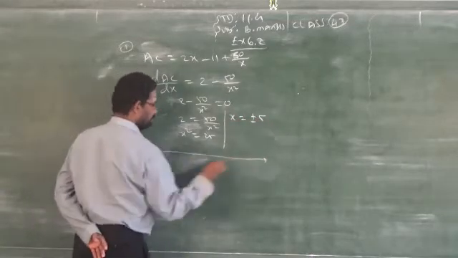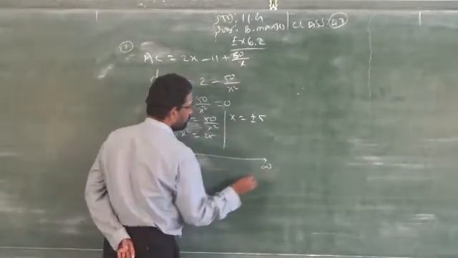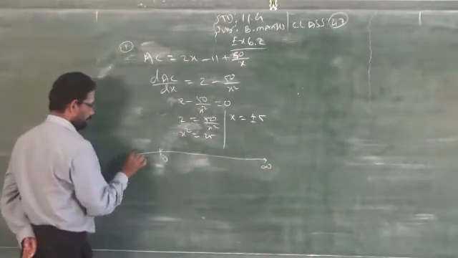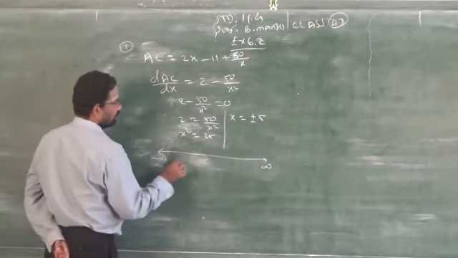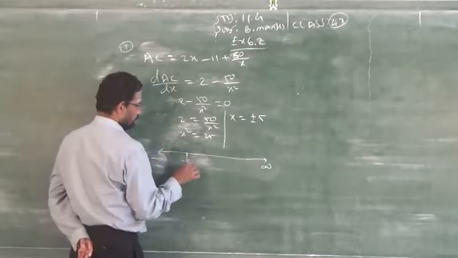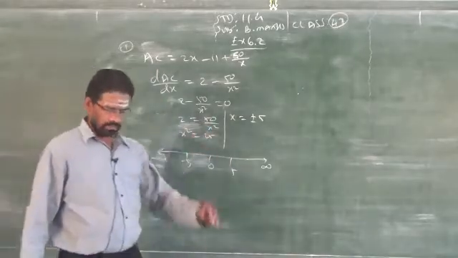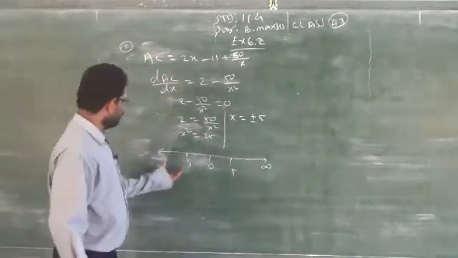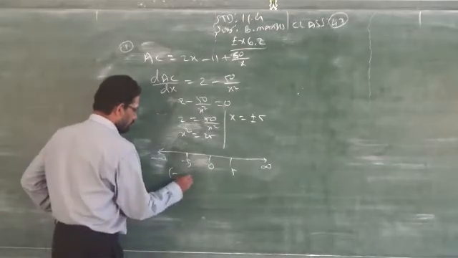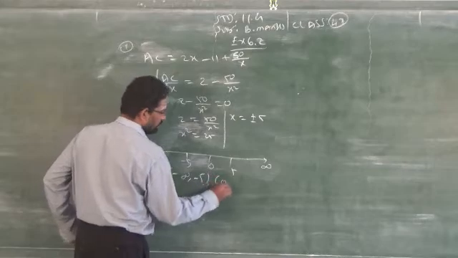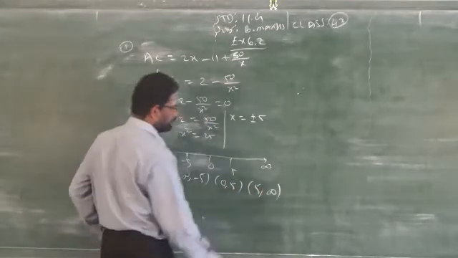Draw the number line. Cost cannot be negative, so 0 to infinity, or you get −5. Take minus infinity, −5, 0, 5, and form the intervals like this. Actually the negative side is not necessary; you should know only the positive side, just for your explanation purpose.